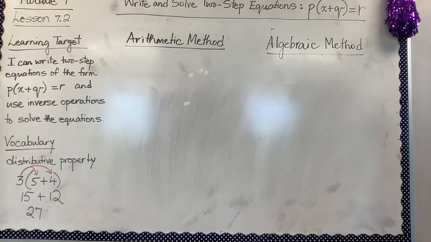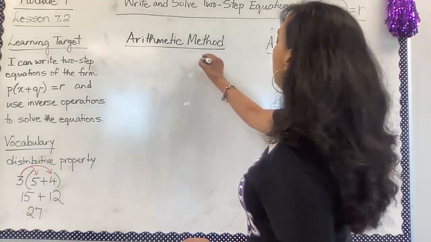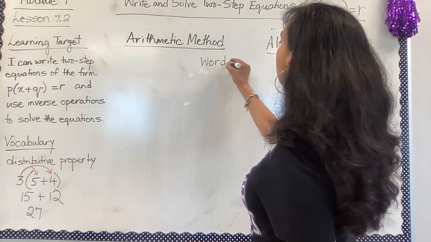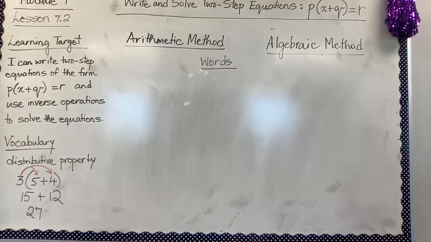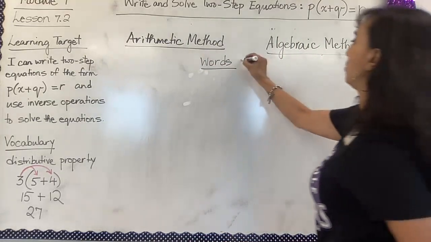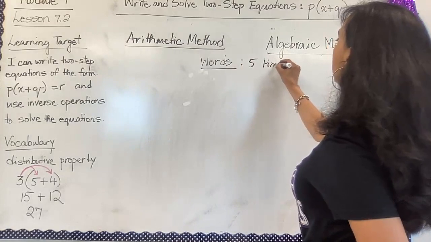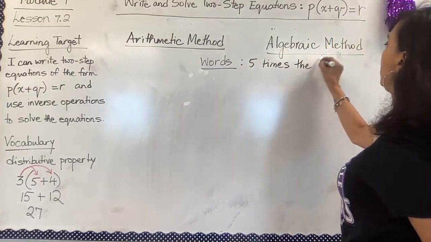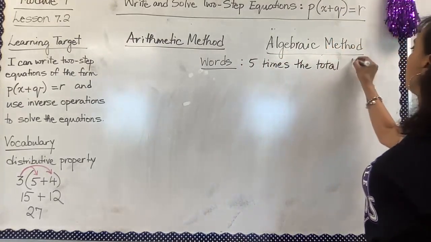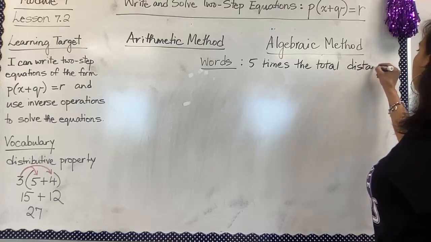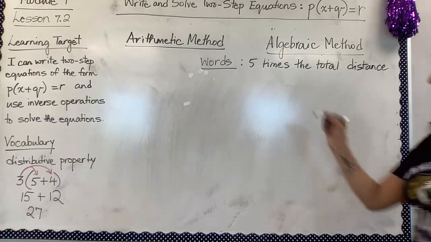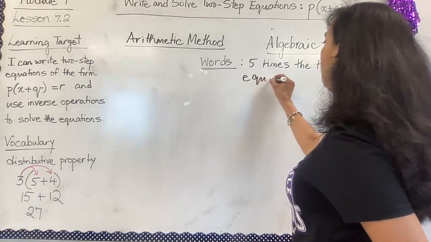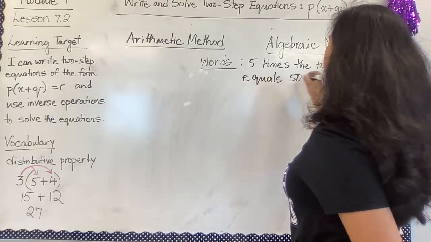So if I talk about this in words, what I basically said was 5 times the total distance equals 50 miles.